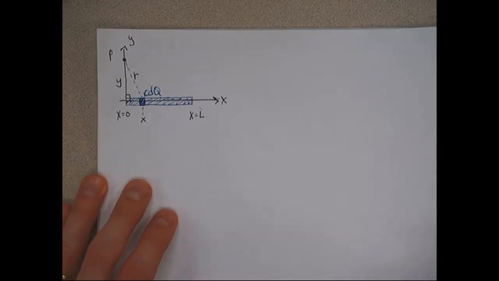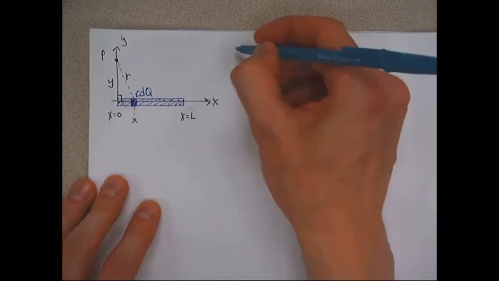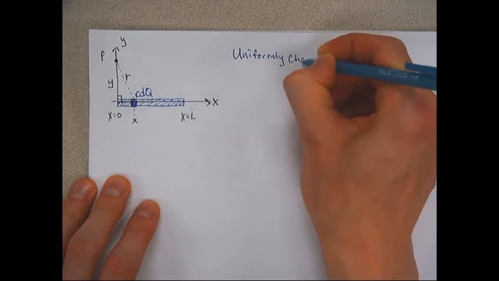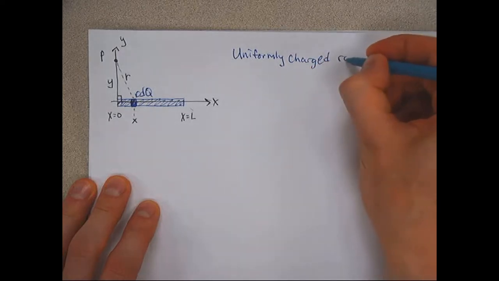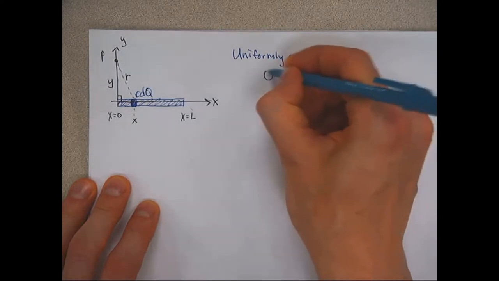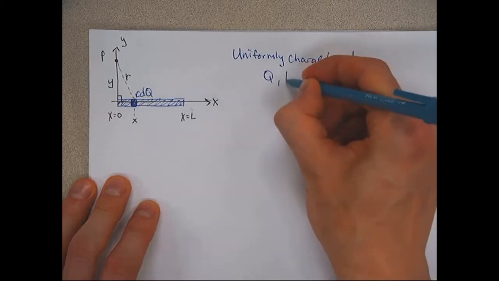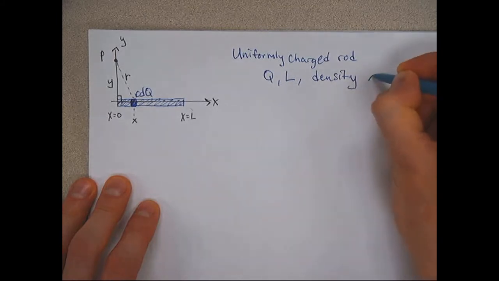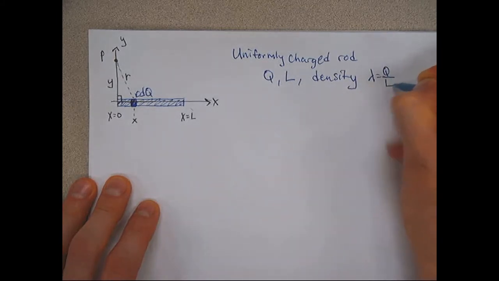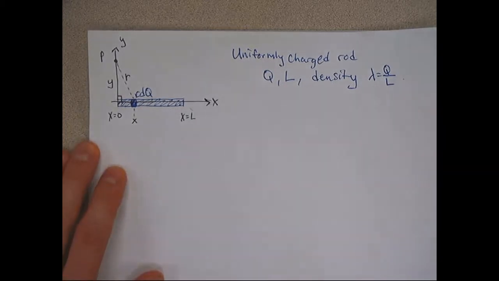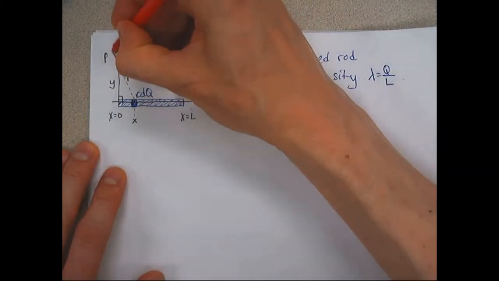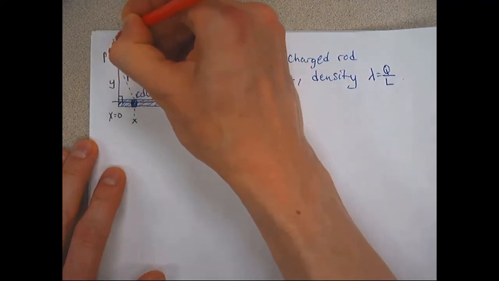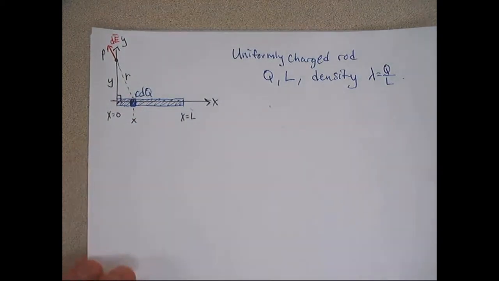So it's the same object, same uniformly charged rod. Same charge Q, length L, density lambda will be Q over L. And we can ask, what is the dE which would be produced by one dq, sitting down here.